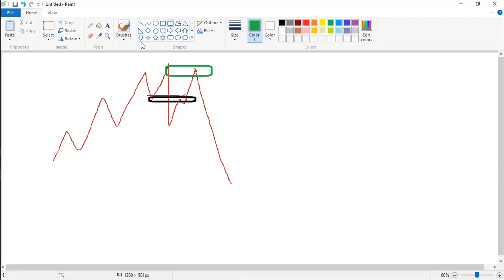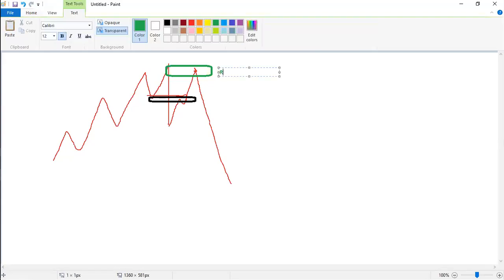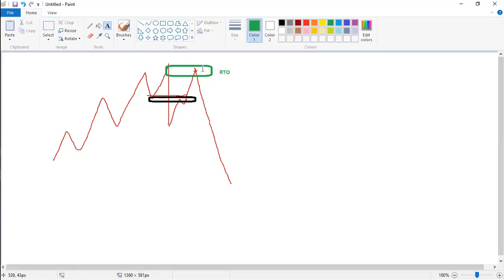So in this scenario here, this is a return to order block. You can't say return to breaker. This is a return to order block. This one. With mitigation blocks, I've noticed that 95% of the time, this is the mitigation block.